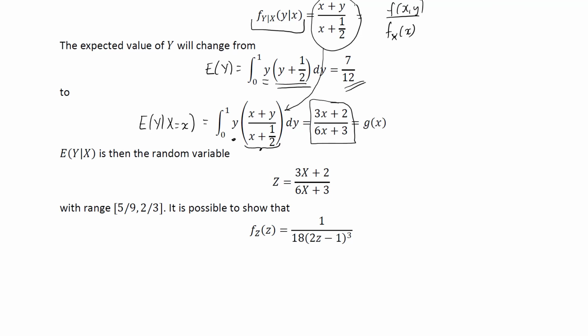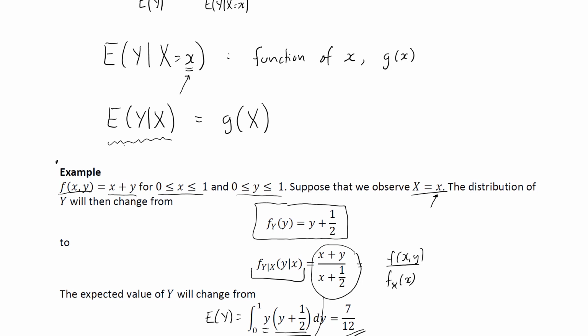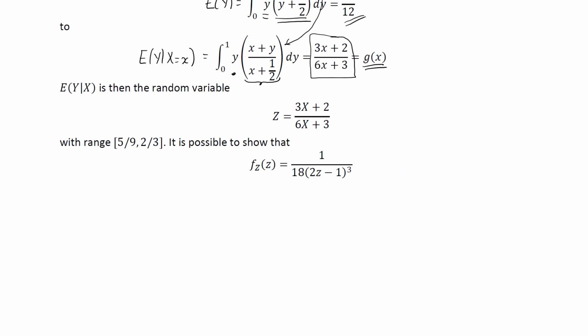That will be a function of x only, and it depends on the particular value that we were given for the random variable X. So this is my g of x function that we identified up here. This is my g of x, the conditional expectation given a specific value of lowercase x. Once I have a function of x, I can create a new random variable by feeding my random variable into the g function. This is this conditional expectation. So this conditional expectation is this random variable.